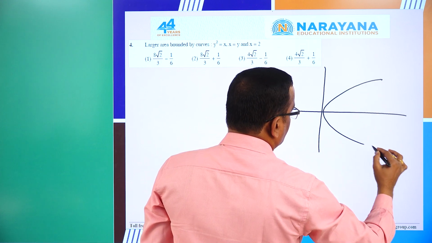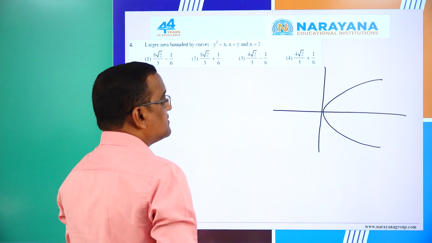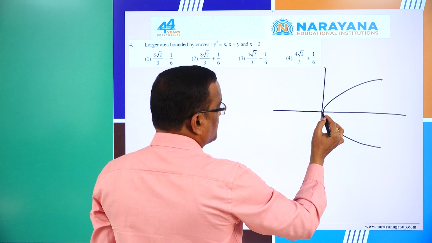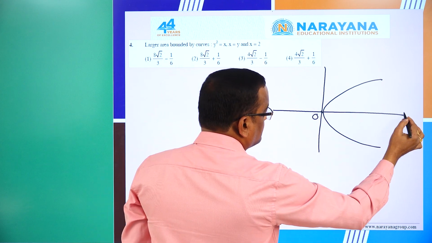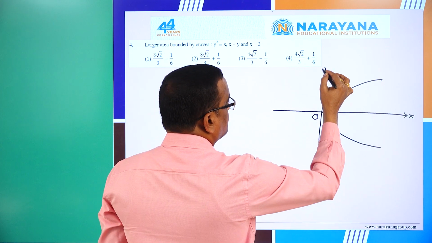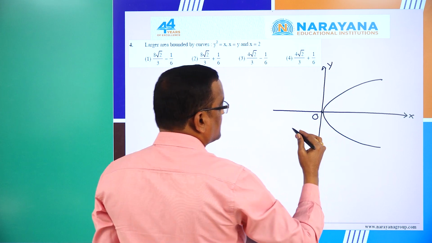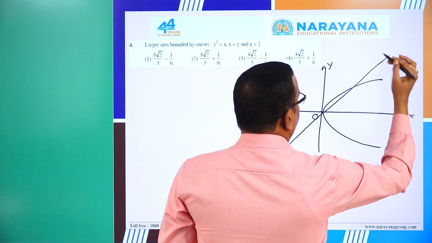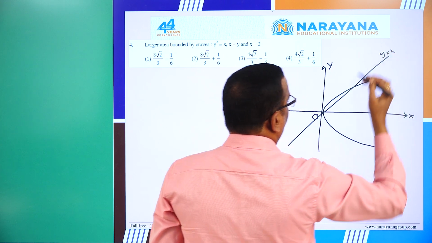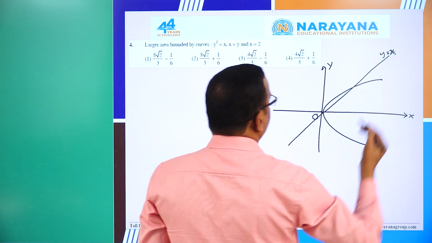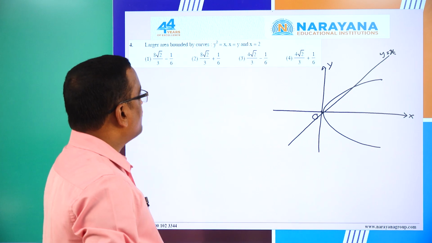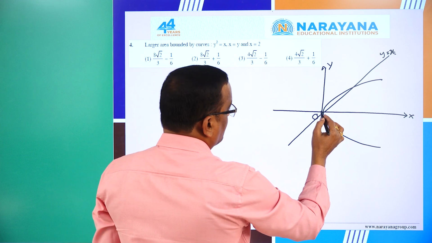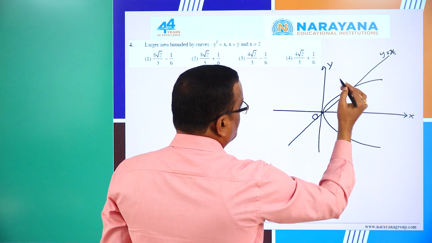This is the parabola y^2 equal to 4ax, and y equal to x is a straight line passing through the origin. It makes an angle of 45 degrees with the x axis. And y^2 equal to x and y equal to x intersect at the origin and at (1, 1).